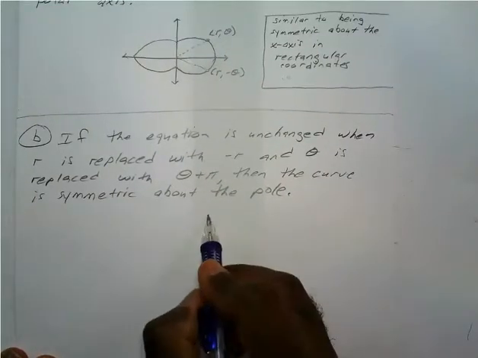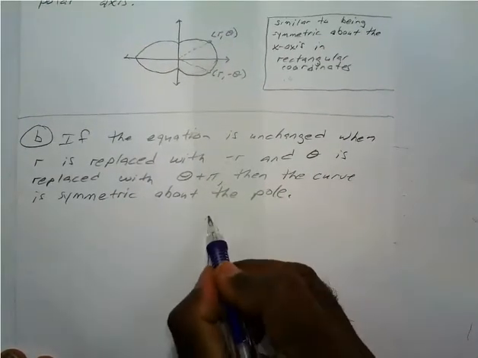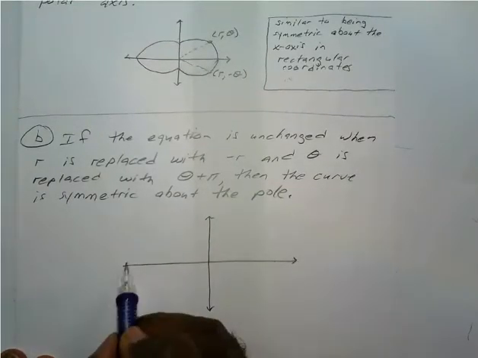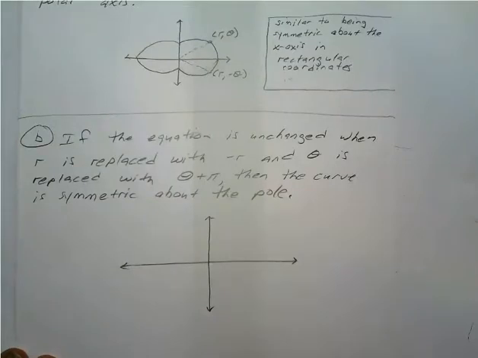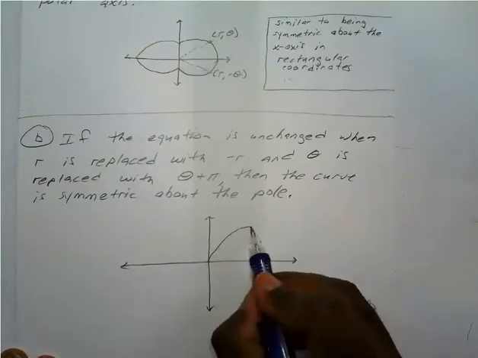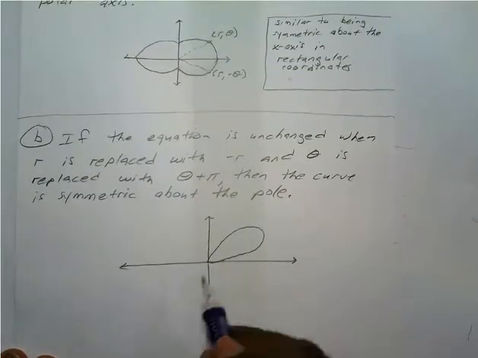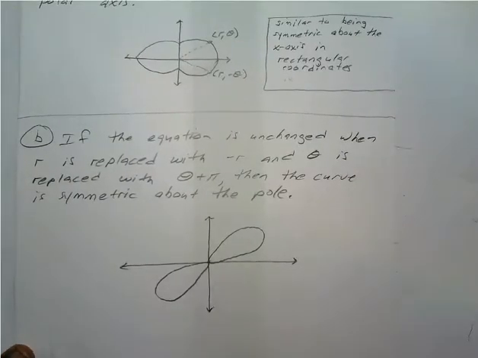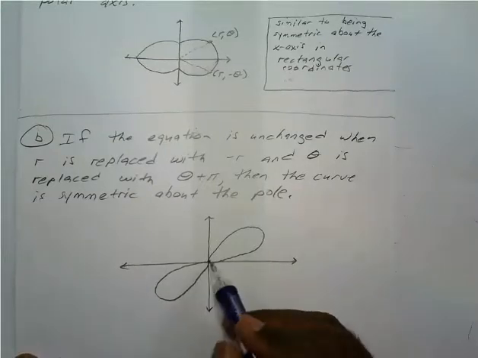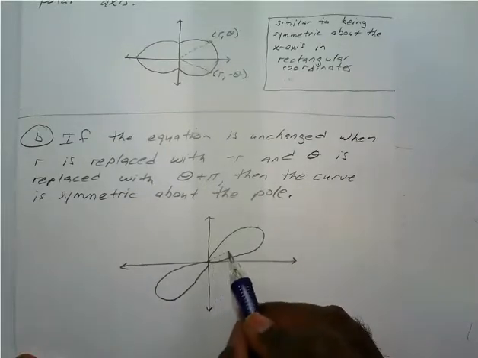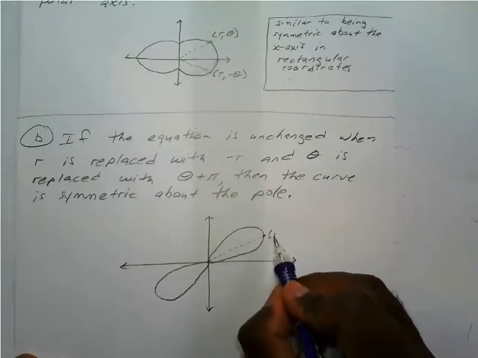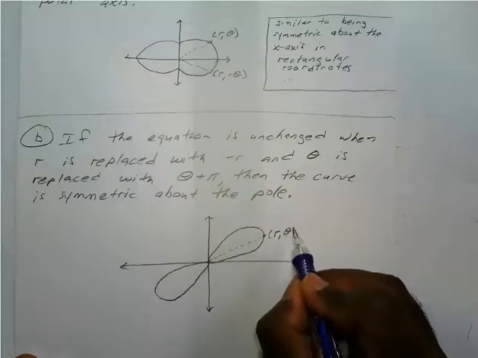So, to give you a quick visual, let's say you have a graph that looks like that, something like that. Let's say this point here is your r, theta.